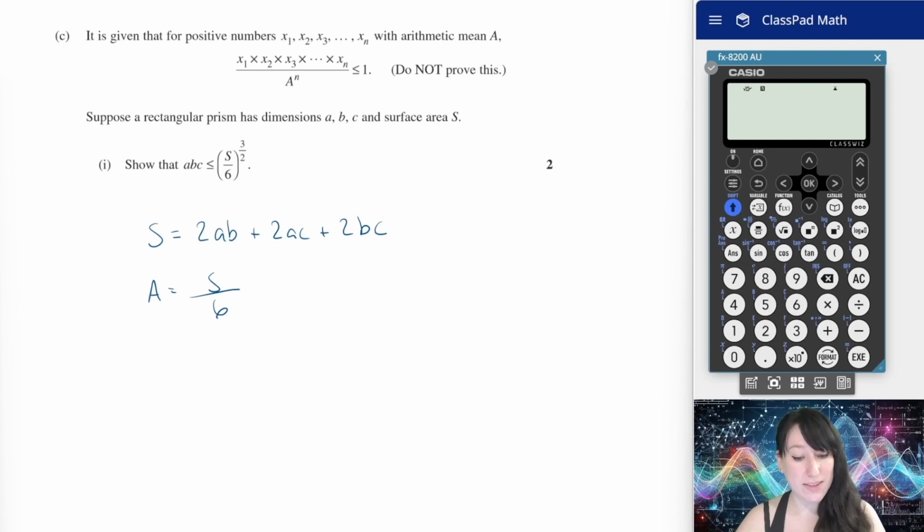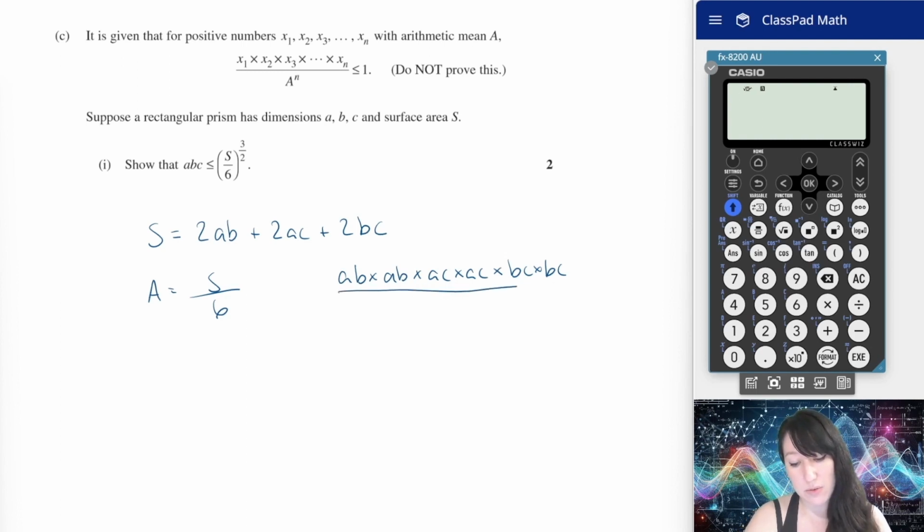Now, according to the given statement, if we multiply all of these terms together, AB times AB times AC times AC times BC times BC, over the arithmetic mean to the power of n, there are 6 terms, so over S over 6 to the power of 6, that would be less than or equal to 1.